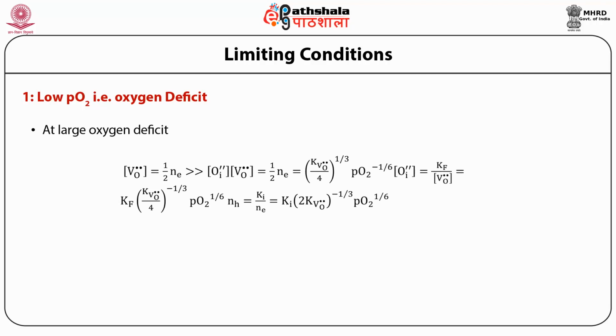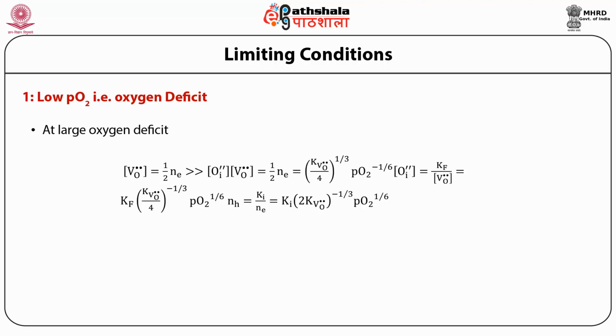At large oxygen deficiency, we can assume that the VO double dot concentration is equal to half of Ne, which is much greater than the concentration of OI double prime. Therefore, the previous equation becomes the concentration of VO double dot is equal to half of Ne, which comes to be the K of VO double dot by 4 to power 1 by 3 times the partial pressure of oxygen, that is PO2, to power minus 1 by 6.